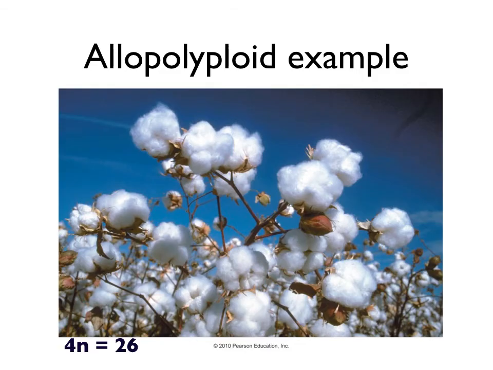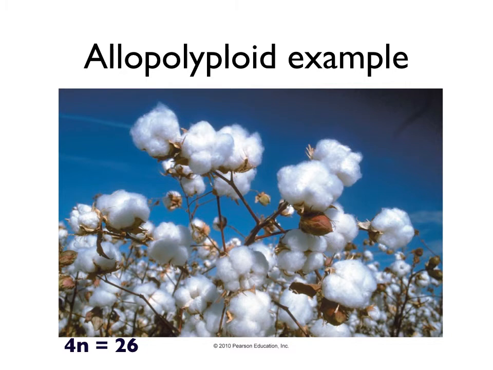This has actually been documented to be how we come to have the species of cotton that is grown here in the United States. It turns out that there's a native species of cotton in the United States, and a native species in Europe. The European species has 13 small chromosomes. The native North American species has 13 large, okay?